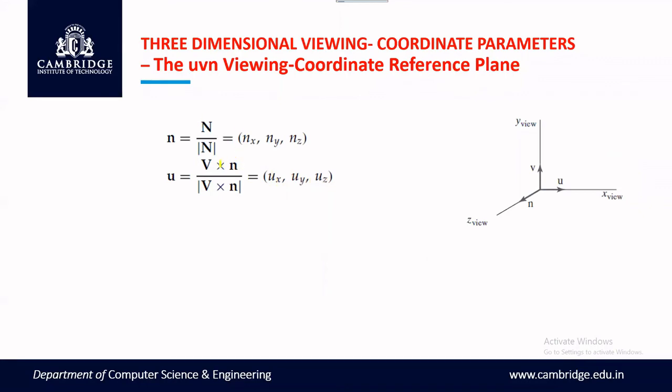That has x, y, and z components with respect to the world coordinates, that is your ux, uy, uz. Now you have got your unit normal vector, and you've got your unit u vector, that is along your x view.